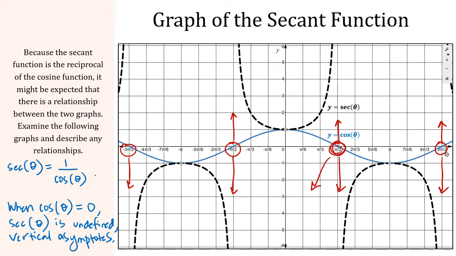Well, that's because the cosine of pi over 2 is equal to 0. And so 1 over 0 is undefined, and that's what's not allowing us to put any points along that line through pi over 2, and that's what's giving us the vertical asymptotes.